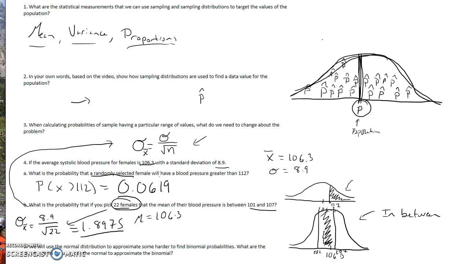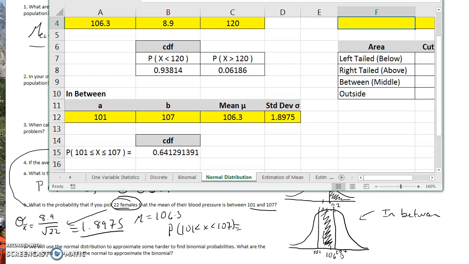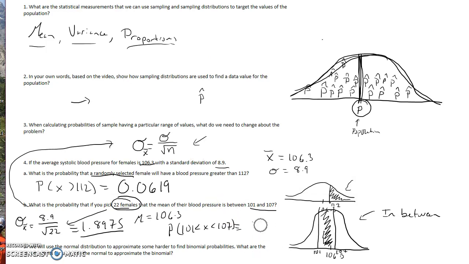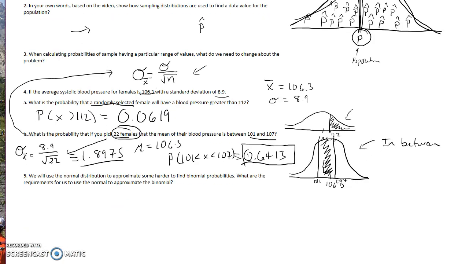So the probability that somebody's blood pressure is between 101 and 107 is equal to 0.6413. So pretty similar, but again, when we're taking a sample, we need to change that standard deviation.